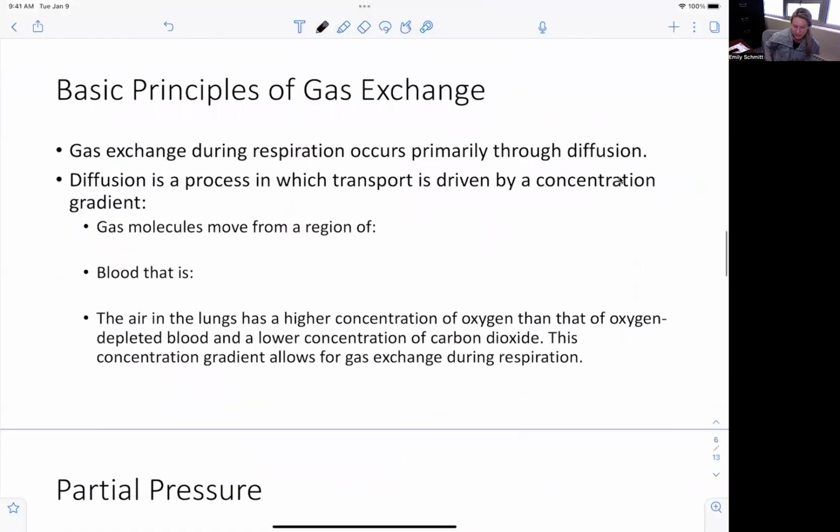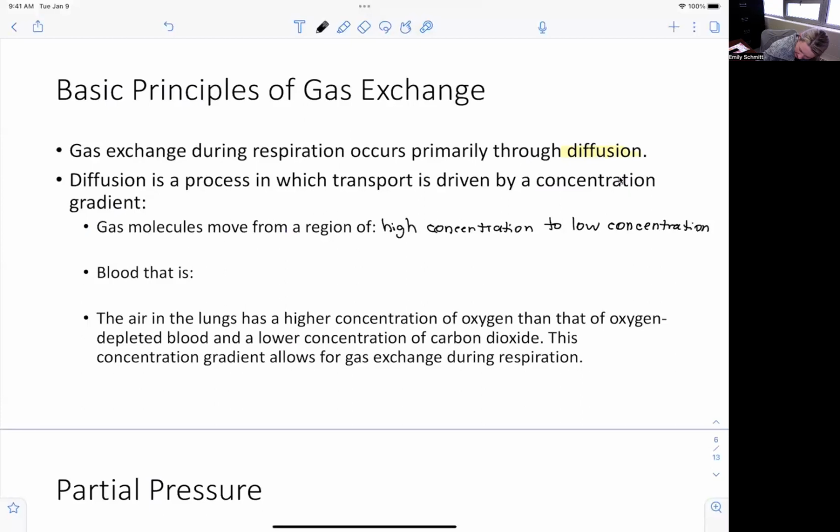So the basic principles of gas exchange during respiration, we know this primarily occurs during diffusion. So diffusion is this process in which transport is driven by concentration gradients. So we know that gas molecules move from a region of high concentration to low concentration.